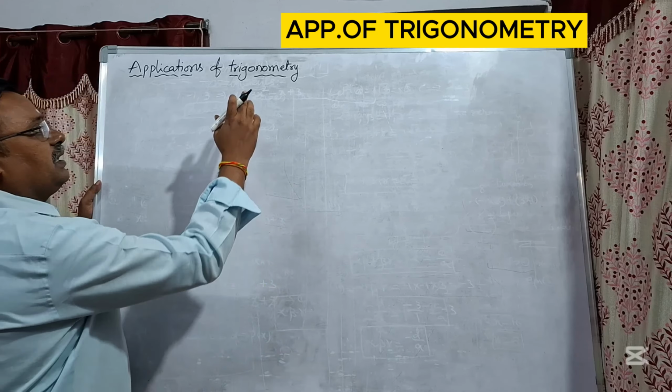First of all, according to trigonometry, we come across the trigonometric ratios. That is in a right angle triangle. If an angle theta is forming here, then this is called the opposite side of this theta angle.